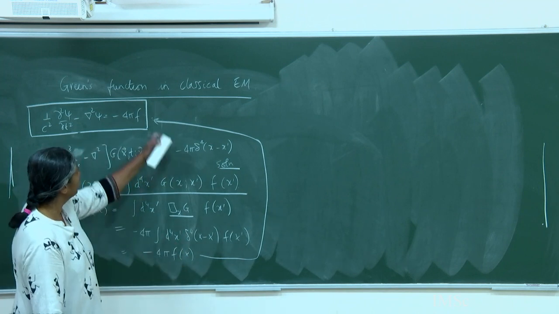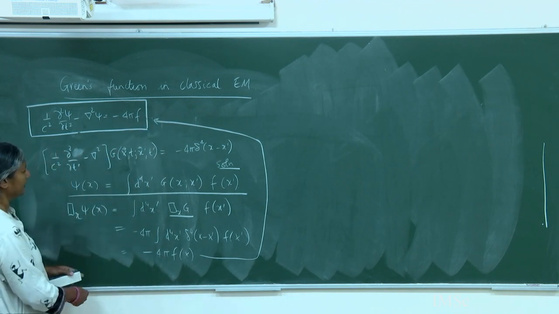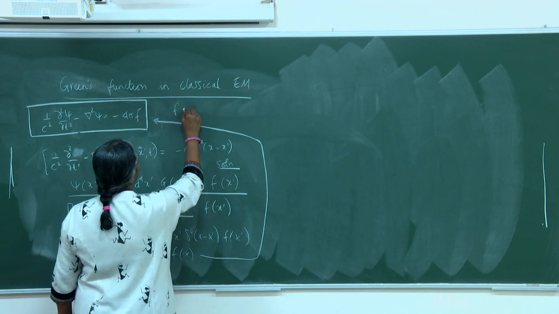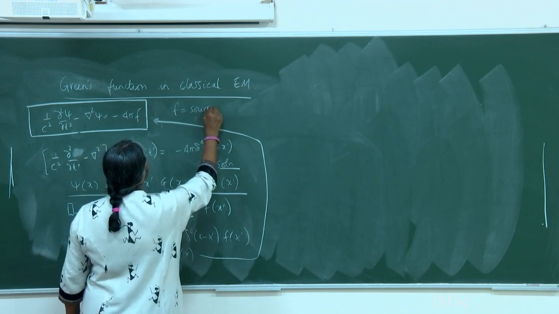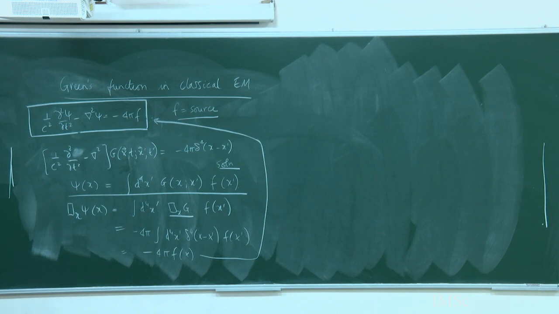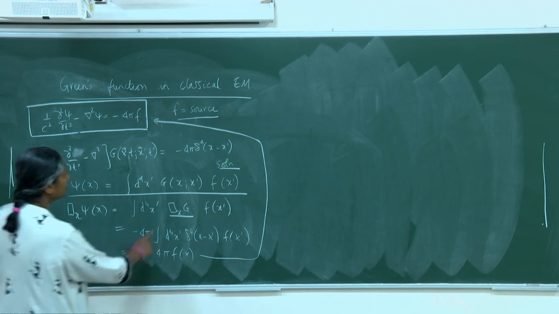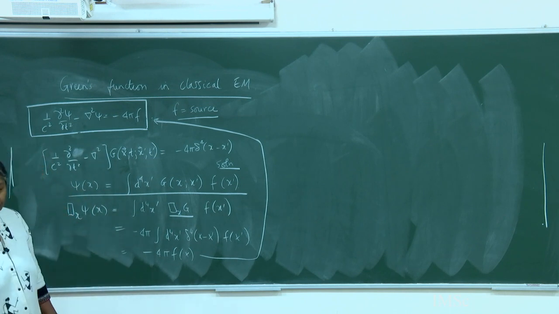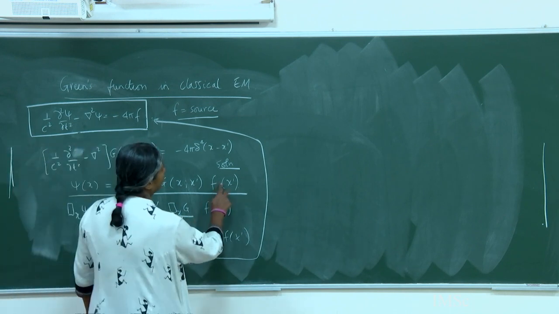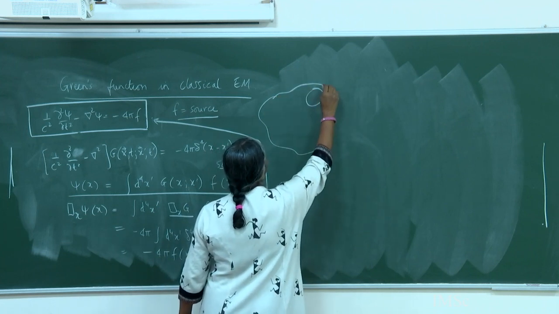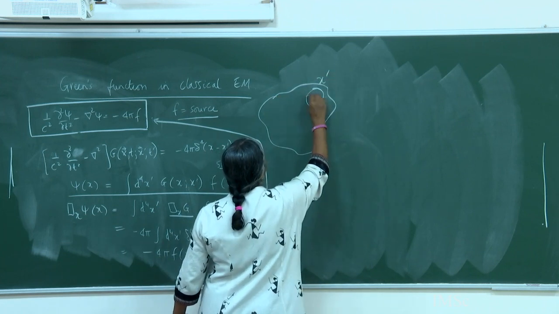This is what you get over here. So this is simply this equation split up into these parts, which means that f is your source, right? f is the source. It can be the current or the charge distribution. So it is a known source. So if I solve for g, then I will know psi at any x. If I am given a source, so this is my universe or space or whatever, I have a localized source at x'.